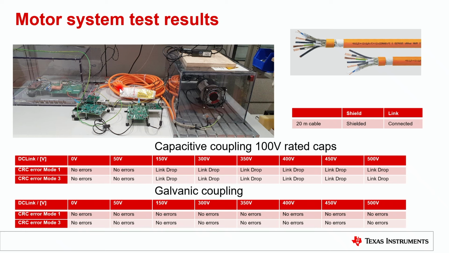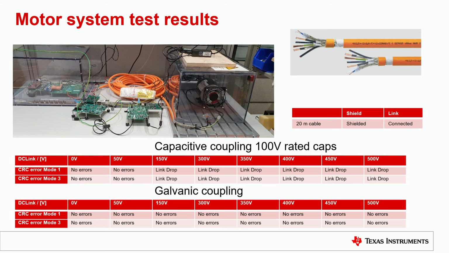And this cable is basically this hybrid cable you see here. They have one shielded twisted pair inside the cable, and then it also has the motor windings inside. So we are able to do a 20-meter cable test, where we put the noise from the motor on a system where we put the data communication of the single twisted pair.